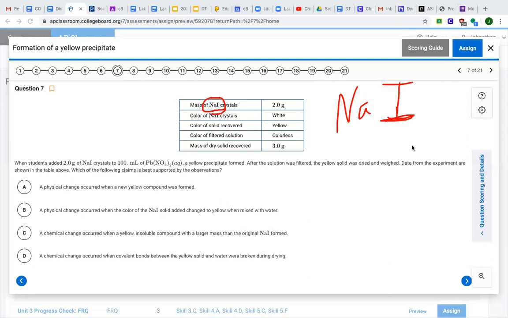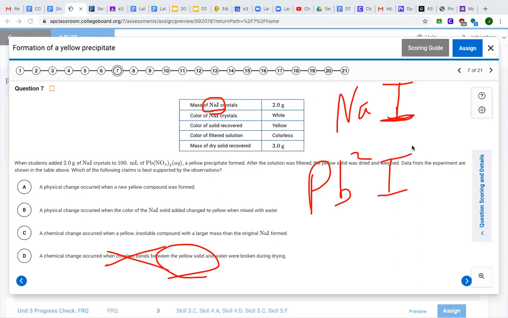So that's what's going on over here. Whatever's happening here, we shouldn't be thinking about covalent bonds within the context of these solids. Sodium iodide is an ionic compound. This yellow solid, we should actually expect this to be lead II iodide, PbI2. That should be our yellow solid.